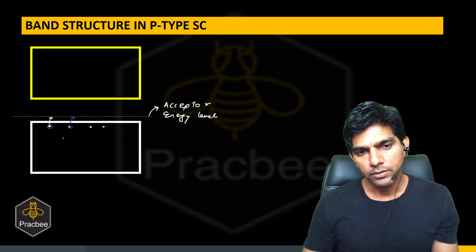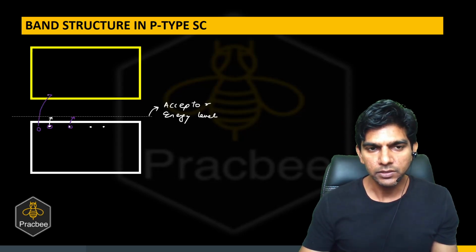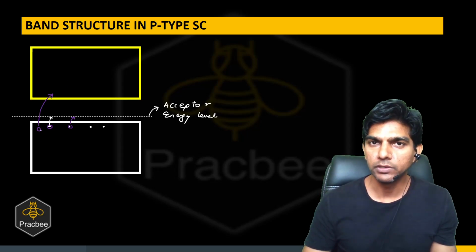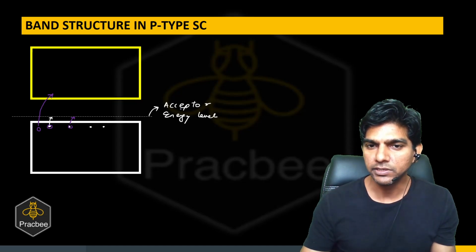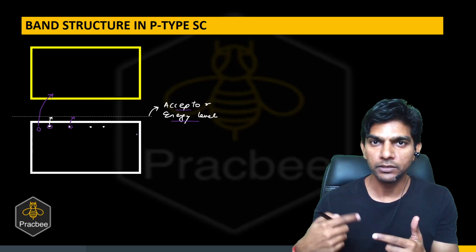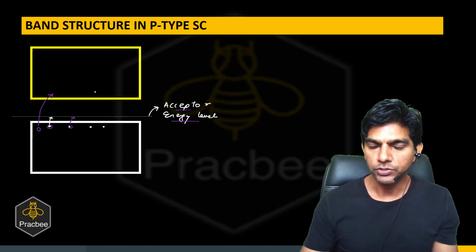There will also be some holes created because of the intrinsic property. When some bonds break, the electron will move to the conduction band and a hole will be created. And there will be some holes created when the electron moves from the valence band to this acceptor energy level. So again the holes are being created in two ways. I think this concept is clear, so we should remember this.